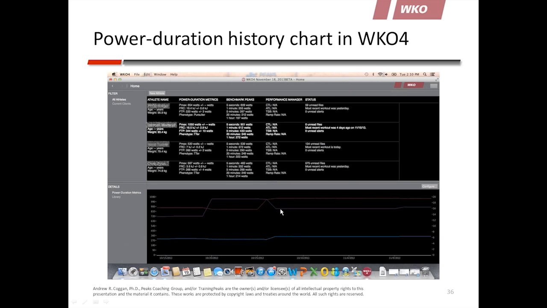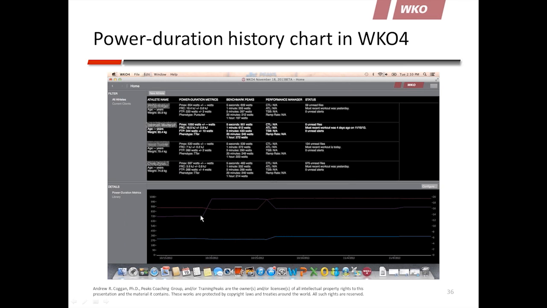So over the course of, it looks like about a 6-week period. Yeah, it's about a month-long period. One day, one workout rolls into the calculation, one workout rolls off the calculation. At some point along here, they did a workout that lifted their power duration curve so that the model says, you've got a new FTP, which has now been sustained.